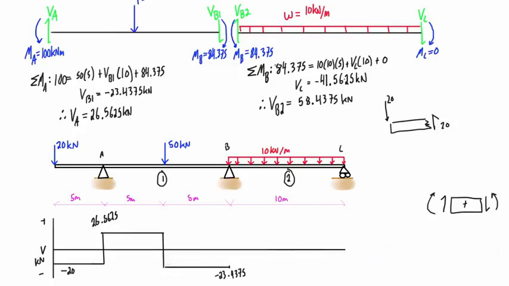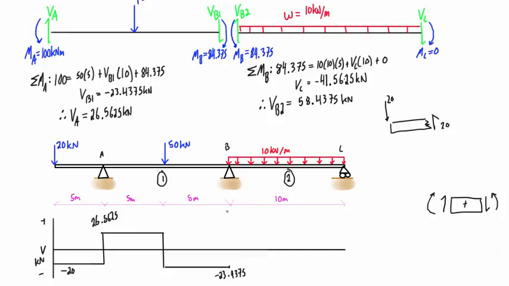All right, if we inspect the other stuff that we did over here, we had VB2 equal to positive 58.4375 kilonewtons. VB2 is the very left-hand side of this span, or just to the right of point B. It's a positive value, and we drew it in the positive sense, so it is going to be positive on the shear force diagram.